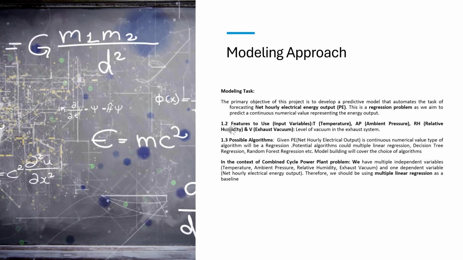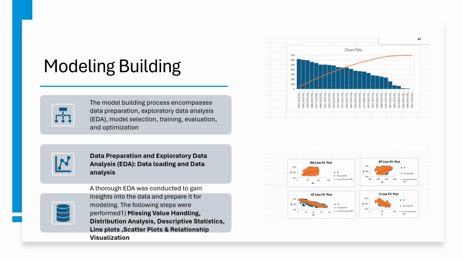So I may use non-parametric algorithms such as random forest regression, maybe just to evaluate if there is any non-linear relationship. Just to conclude, in context of our combined cycle power plant, as we have multiple independent variables and one dependent variable which is a continuous numerical value, I'm just going to start my modeling approach with multiple linear regression as a baseline.